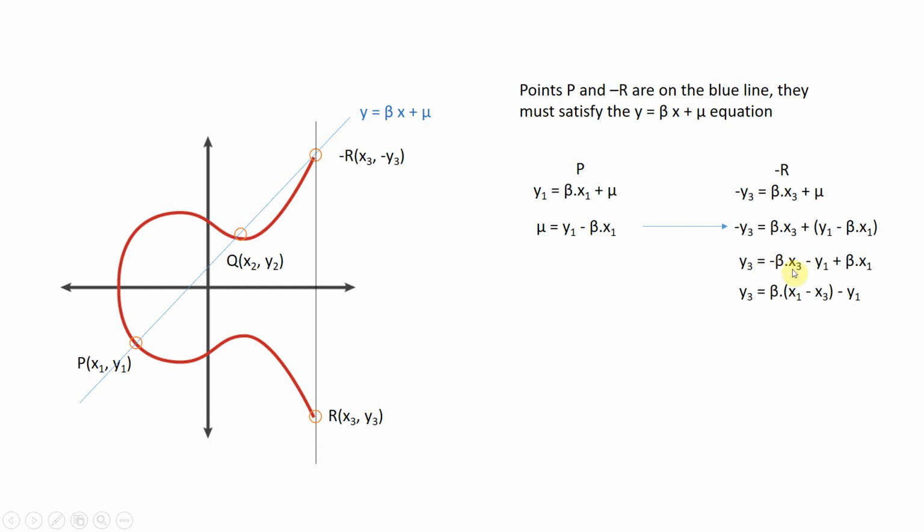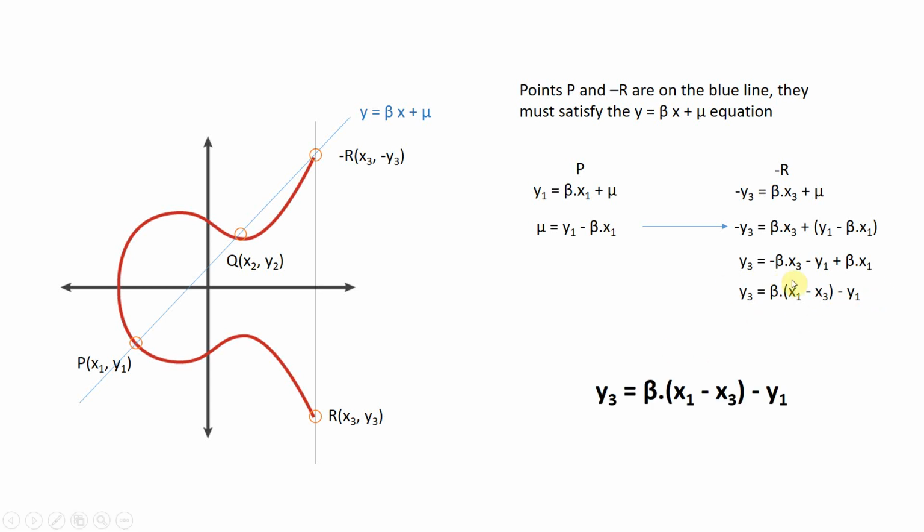As seen, both beta times x3 and beta times x1 have a beta multiplier. That's why I'm putting beta as the common multiplier. And y3 is equal to beta times (x1 minus x3), and outside of the parentheses, minus y1.